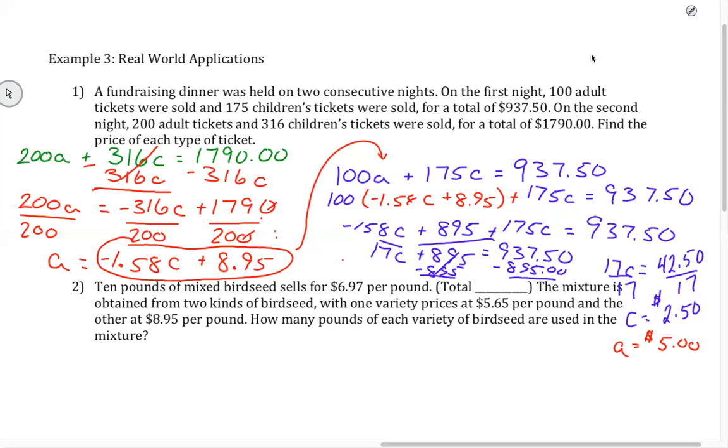Good? Lance, you said you did it a different way, right? Which way did you do it? Elimination. All right, so I always said there's not a wrong way, there's just an easier way. Has everybody got this down? It's a lot of work, right? But we got it. Here we go.